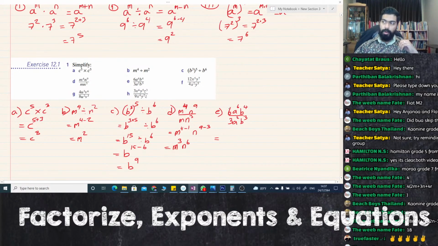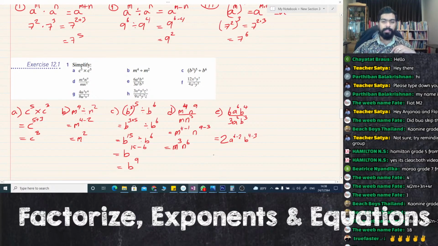All right, so here what we will be doing is dividing 6 over 3. So 6 divided by 3 is going to give us 2, right, guys? And then we are going to have a to the power of 6 minus 2 using the second law, and b to the power of 4 minus 3 using the second law.